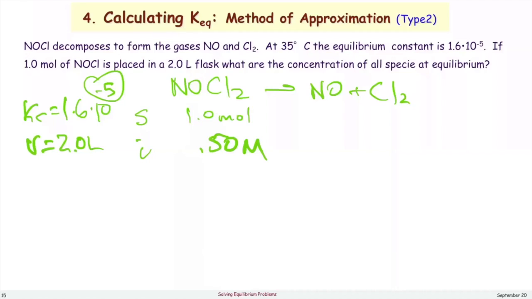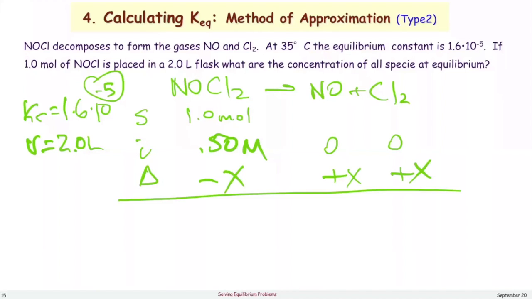Then, of course, we have 0 and 0 because the reaction hasn't started. The change will be, again, make sure it's balanced. It's a 1 to 1 to 1 ratio. Delta n in this particular case is 2 minus 1, or 1, if you need to convert the Kc to Kp. This is going to be minus x, plus x, plus x.